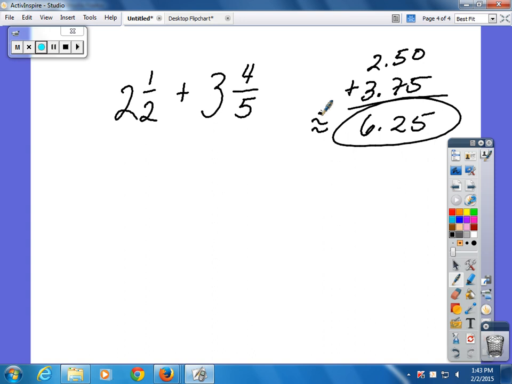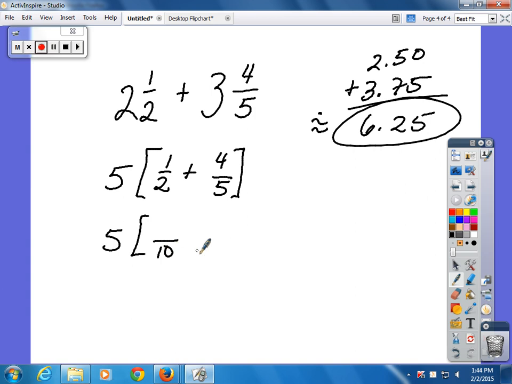Now let's see what the actual answer is. Well, 2 plus 3 is what? 5. And then 1/2 plus 4/5. Ten is our common denominator. 2 will go into 10. 5 times 1 is 5. 5 will go into 10. 2 times 4 is 8. 5 plus 8 is what? 13 over 10.